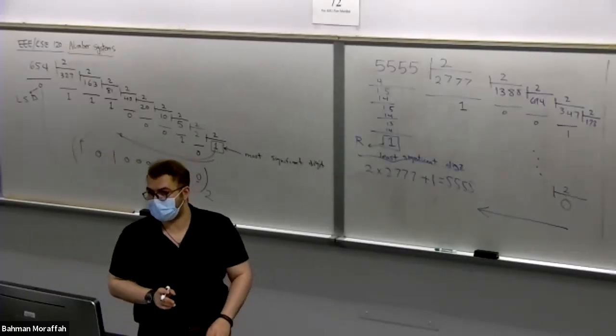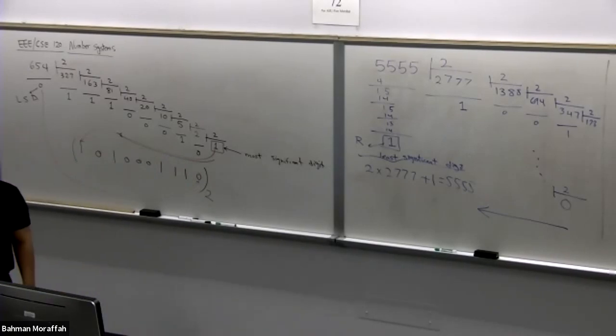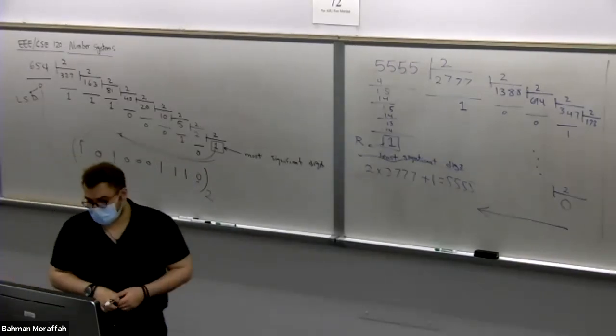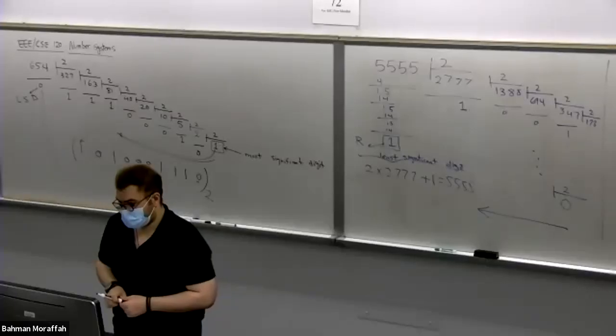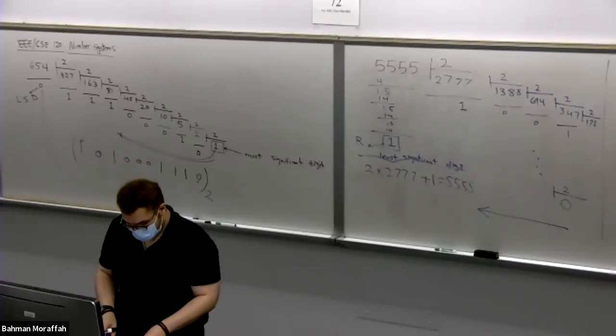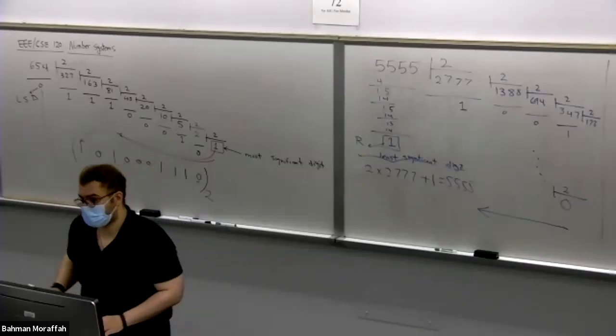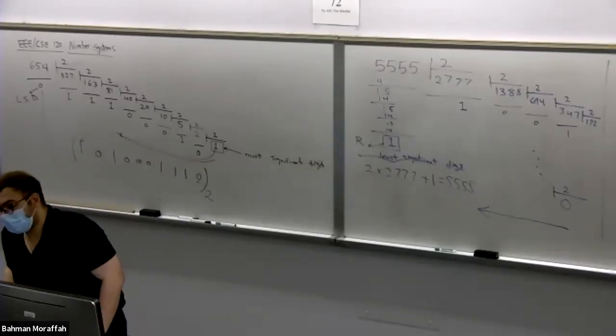Is that clear? Does that make sense to everybody? All right, cool. So this is way easier than just doing it with powers of 2, where you factor it out.